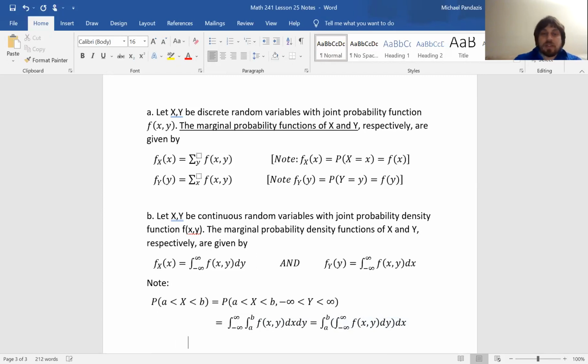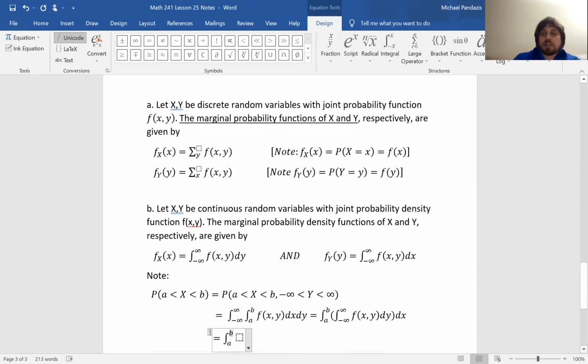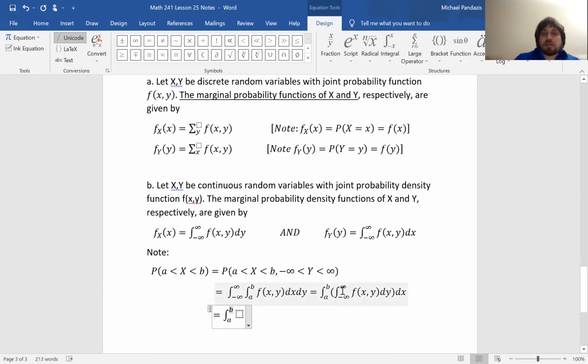Okay, so this is equal to the integral from a to b. This is the outer integral here. Well, this integral right here is f sub X of x. This is f sub X of x. This guy right here.